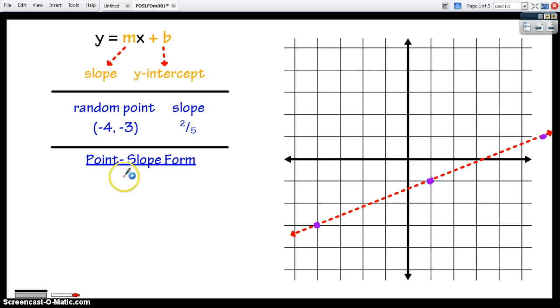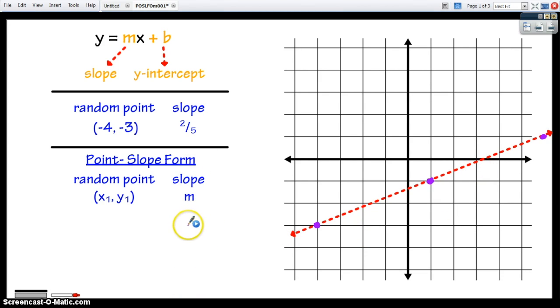So let's say my random point and my slope are denoted by these variables. We're going to call our random point x1 and y1. The ones are just to indicate that it's different from just plain old x and y like in any other equation. And then the slope we'll still use m. Well, it turns out that I can find the equation for this line without having to graph it by using this formula here.